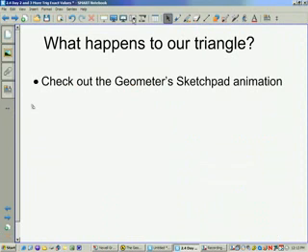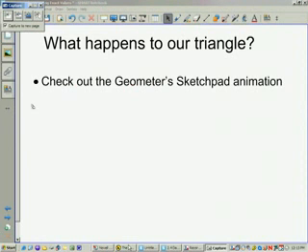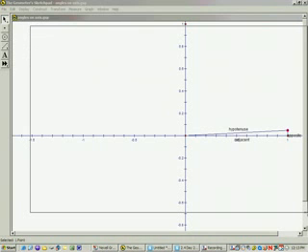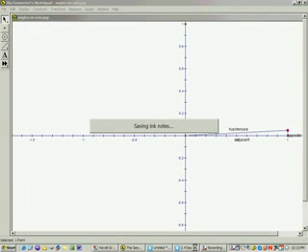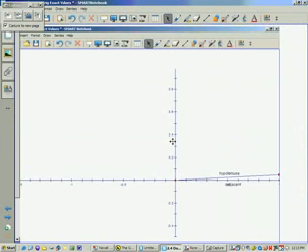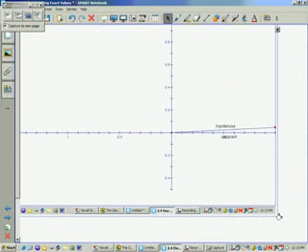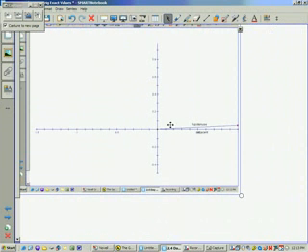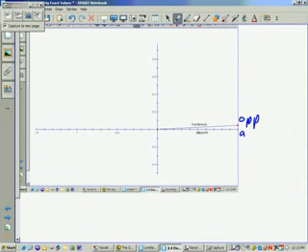I'm trying to write on this, but that's not exactly what I wanted, but that'll do. At 0 degrees, we're going to have the opposite side, the adjacent, and the hypotenuse.